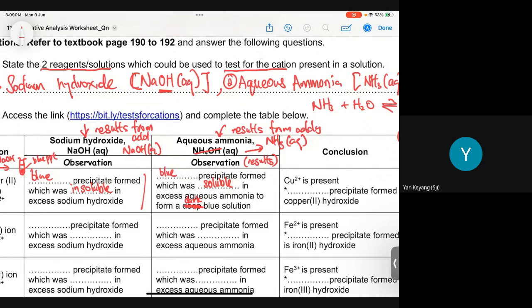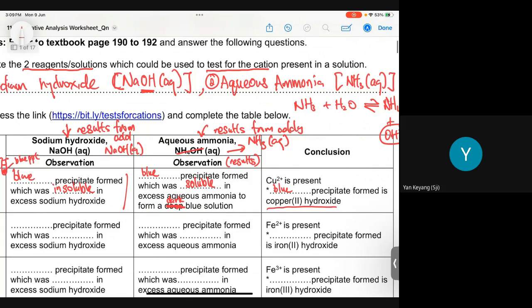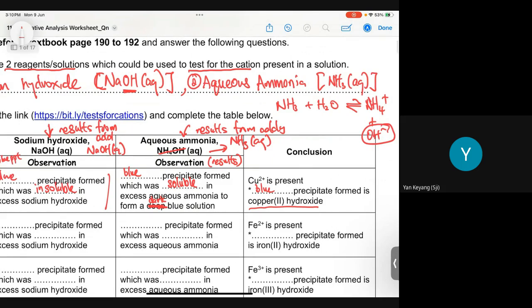Why? Because the blue precipitate that you see is copper 2 hydroxide. This blue precipitate is unique. So what's the formula for copper 2 hydroxide? It is Cu(OH)2, solid, because it is a precipitate.